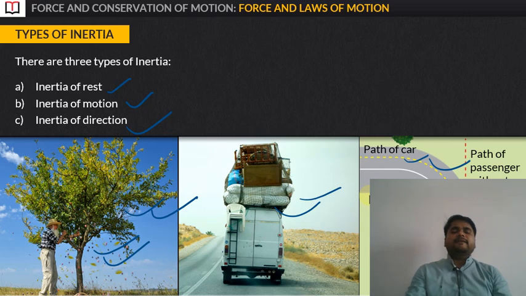Because here the passenger was having the tendency to move in the same direction, but as the car turned, due to this turn, the direction of the passenger also got changed, due to which he moved towards the outward direction. This happened because of the inertia of direction.